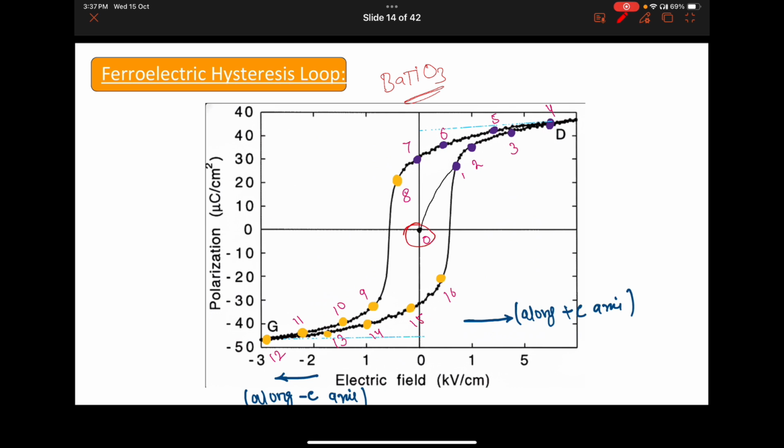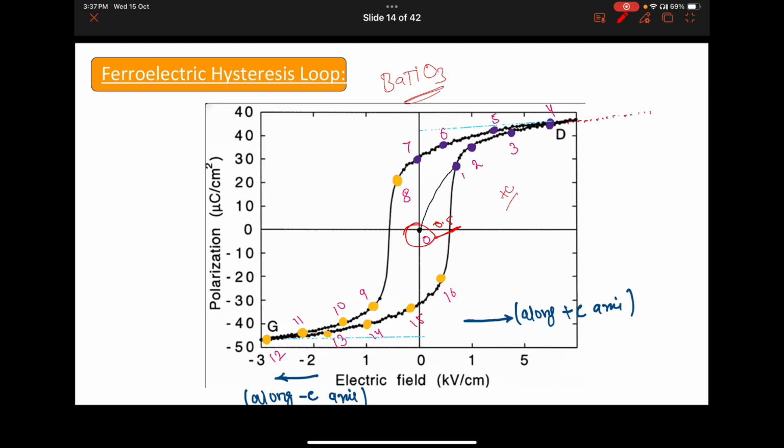At the initial frame zero, titanium is at the body center, 0.5. If we apply the electric field along the positive z direction, it increases very rapidly, to position 1, then 2 and 3, then 4, and then it saturates.